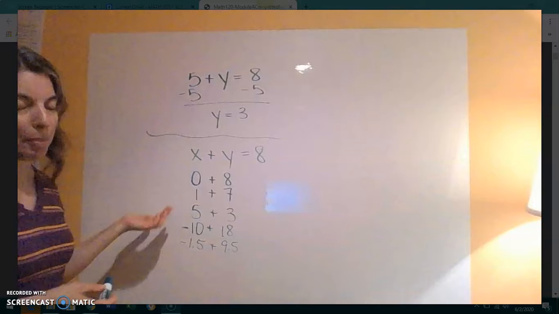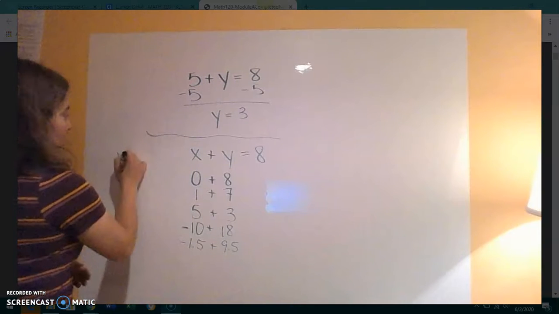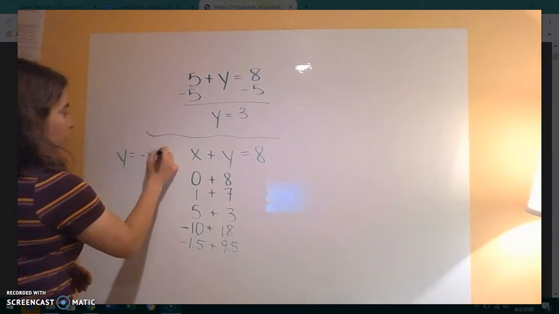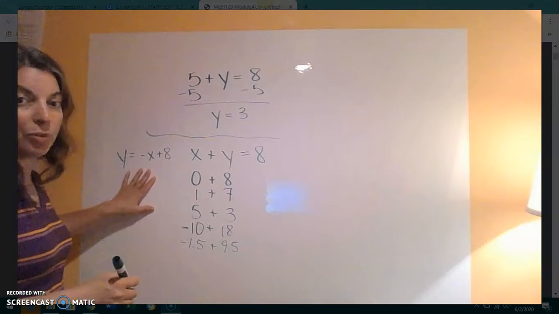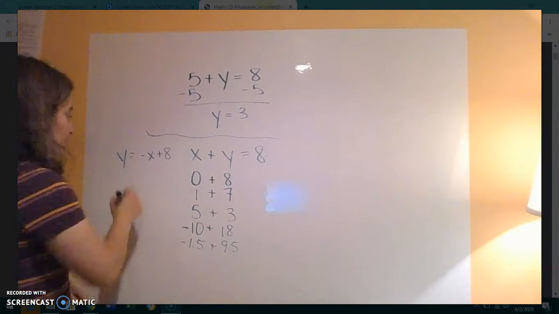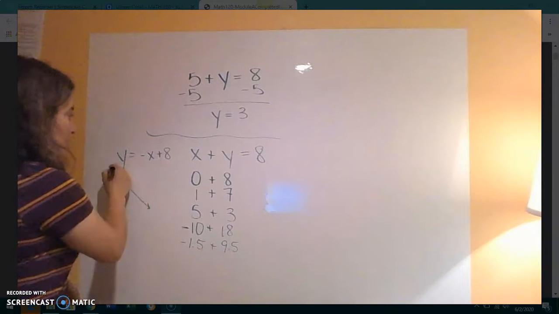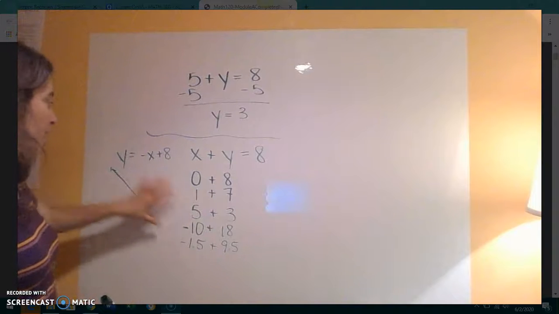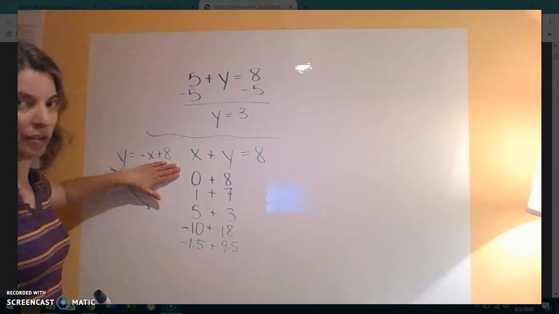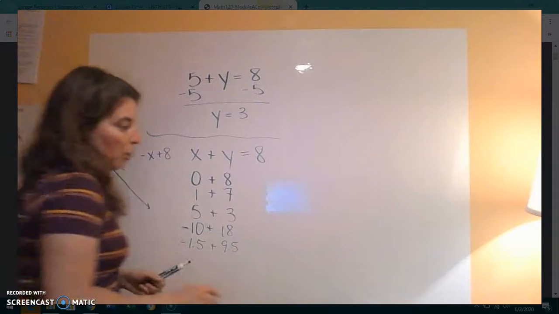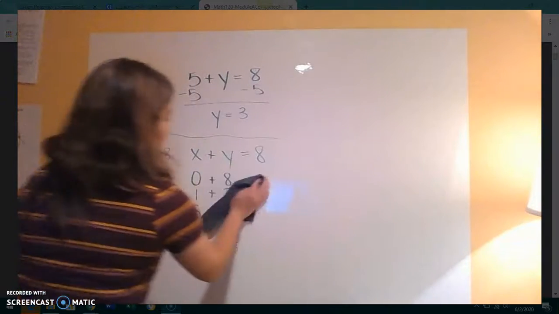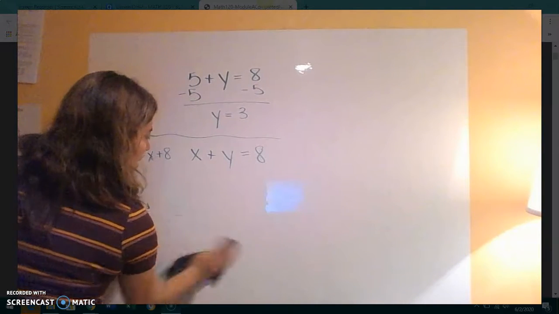It could be any of these. And thinking back to graphing, this is the same as saying y equals negative x plus 8. We'll get into graphing a little more, but this would give us a line that would have all of these points on it. Every one of those points is a solution to that equation. So if I want to know a specific x and y, then I need some other information also.